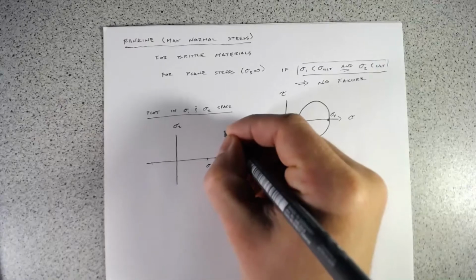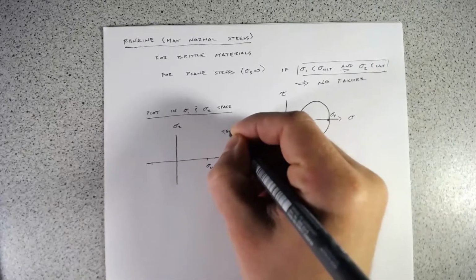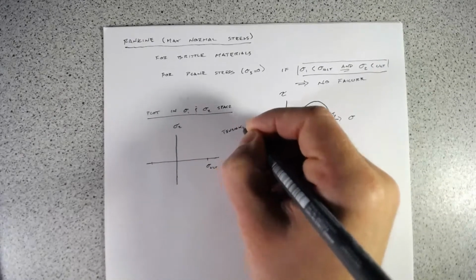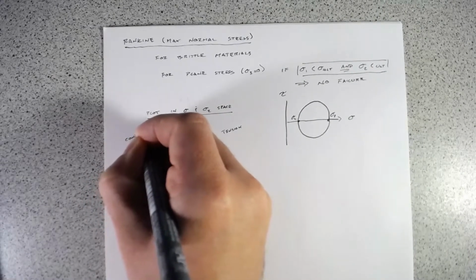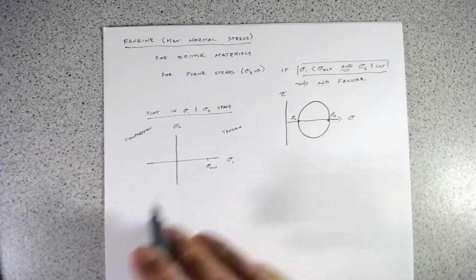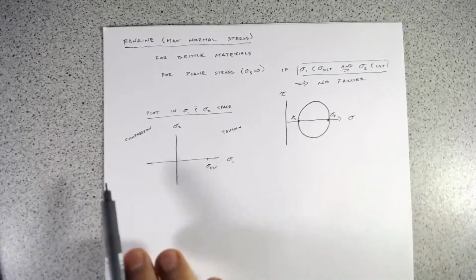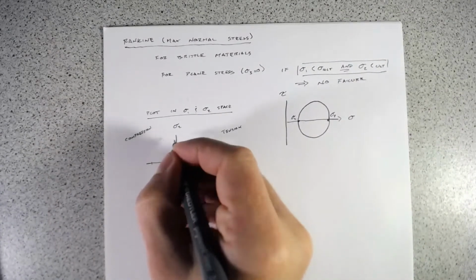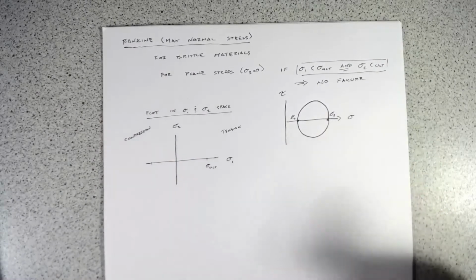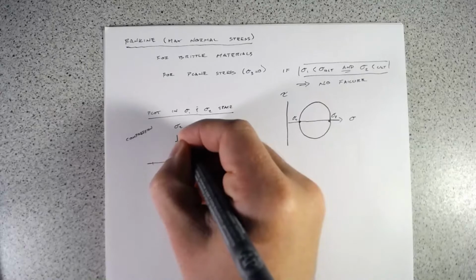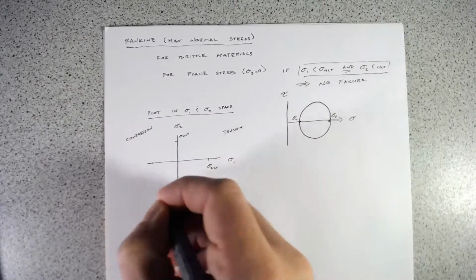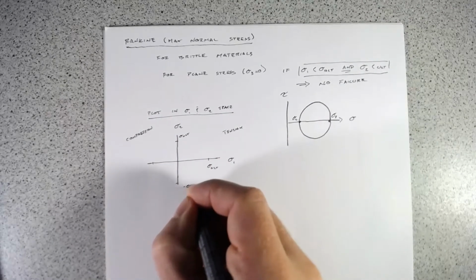So this is our tension side, and this is our compression side. And remember, that's just from sign convention. We said tension's positive, compression's negative. And then our orthogonal principal axis can also fail at sigma ultimate, negative sigma ult.